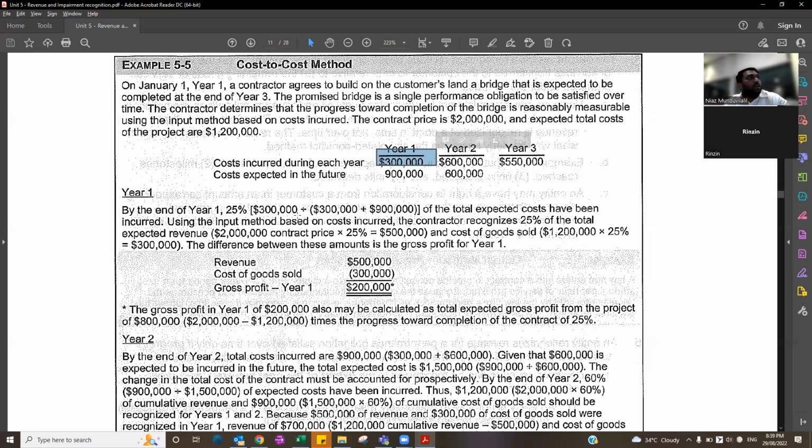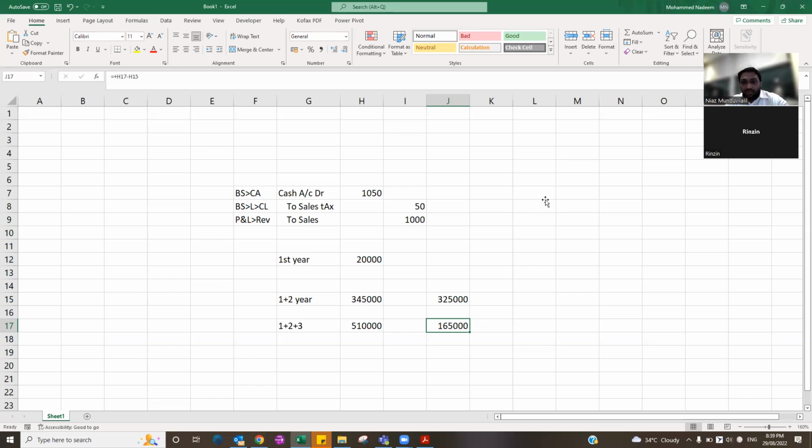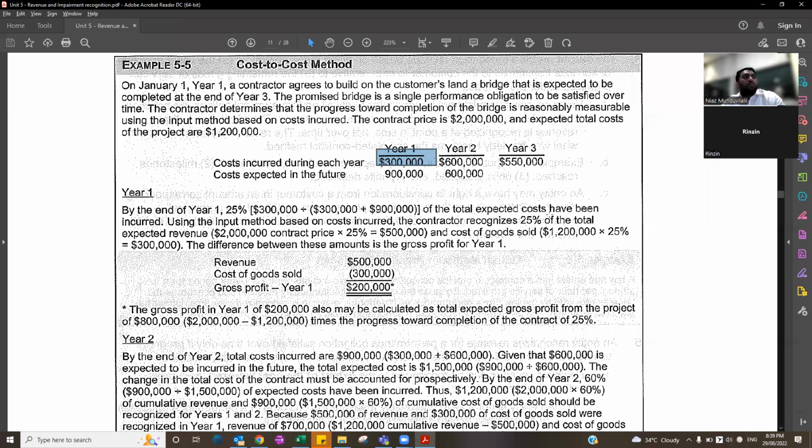How much percentage of the total cost has he completed? 300 divided by 1.2 million is 25%, right? 25% he completed. So on the basis of revenue also, he will consider 25% of revenue.